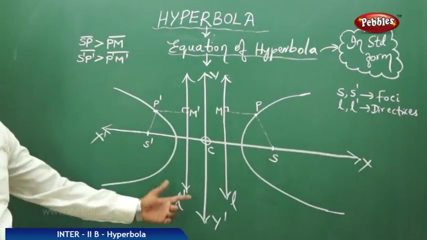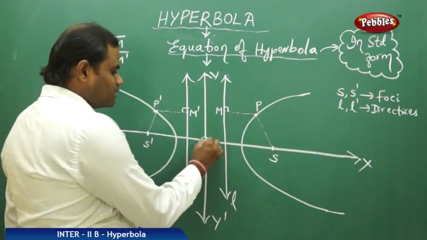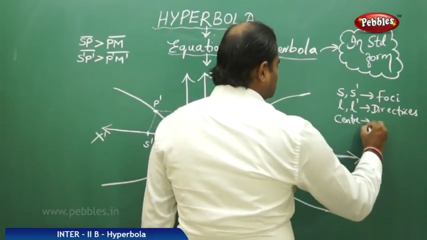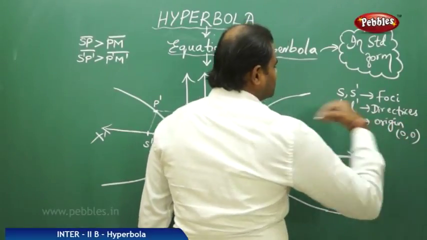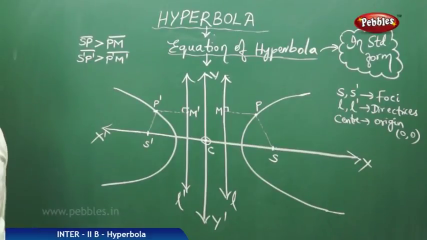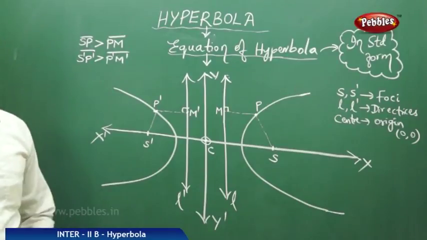The center of the hyperbola is said to be the origin, 0, 0, is how we identify it in this case. P and P dash are said to be points on the hyperbola.